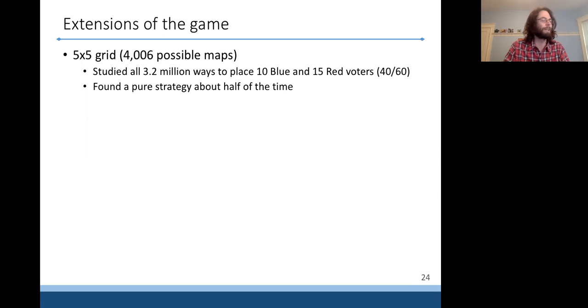So half the time in these voter configurations, the configurations favored the red party enough that just giving the red party all of the seats wasn't really an outlier. But in the other half of maps, giving the red party 5 seats was an outlier, by our definition of occurring in less than 2% of maps. And we were able to find a pure strategy: you start with a map that only awards 4 seats to the red party, you vote strategically, and then you can draw a map that gives 5 seats to the red party.